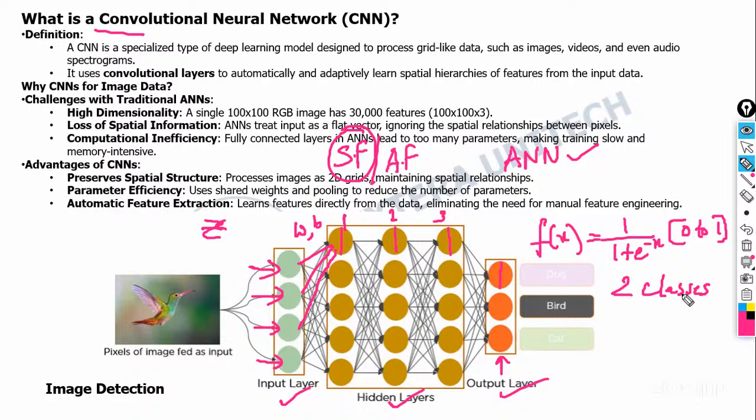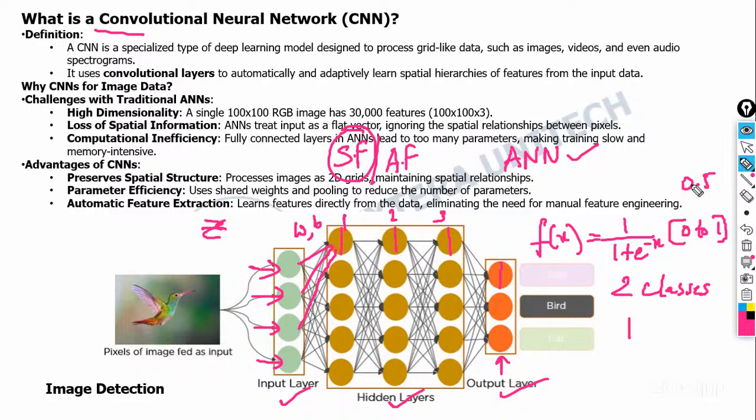So in these types of use cases, where we have only two classes, we use sigmoid function as an activation function in the output layer neuron. And since the output is 0 to 1, we come up with a threshold. If the value is less than or equal to 0.5, we'll say it is one class.